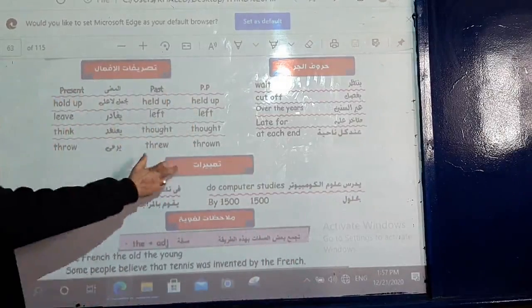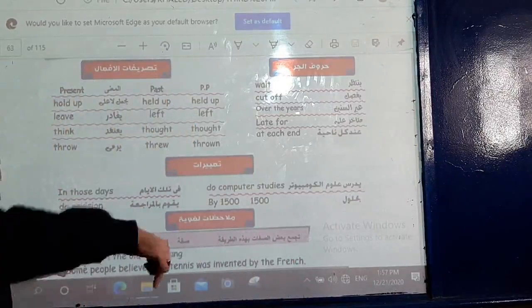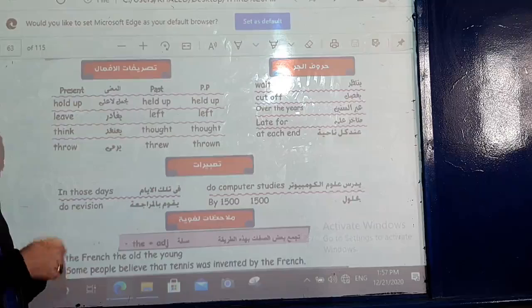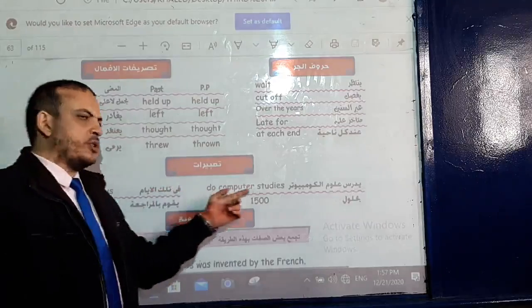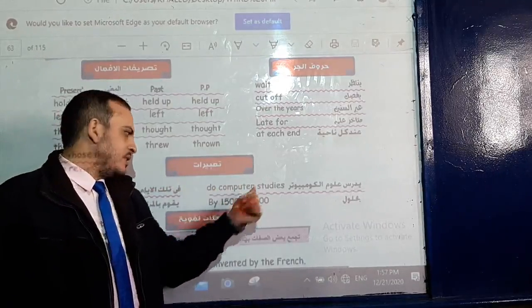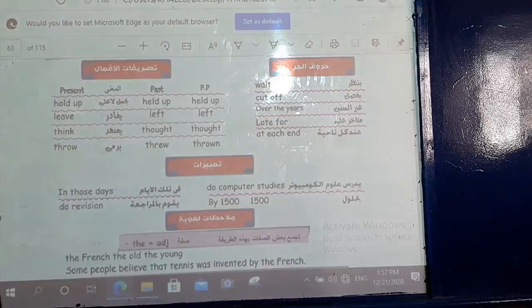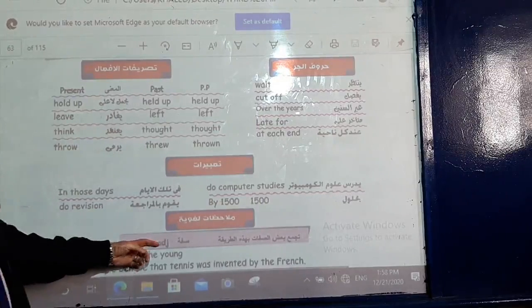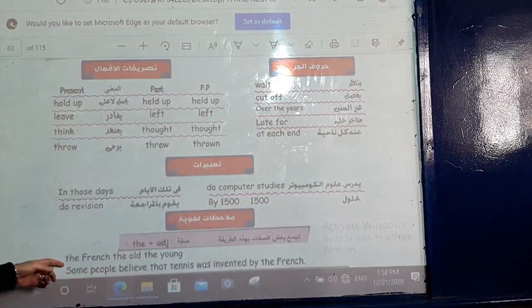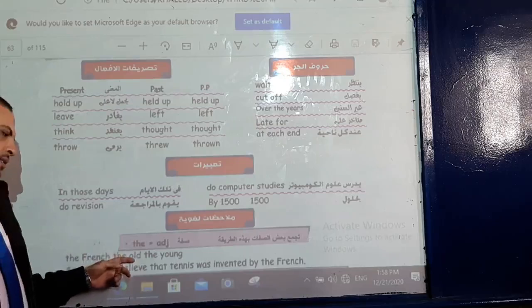Here, let's go to the expressions. In those days, do religion, do research, do computer studies. By 1500, like this. Some language notes like this: the plus adjective, like here. The French, the old, the young.